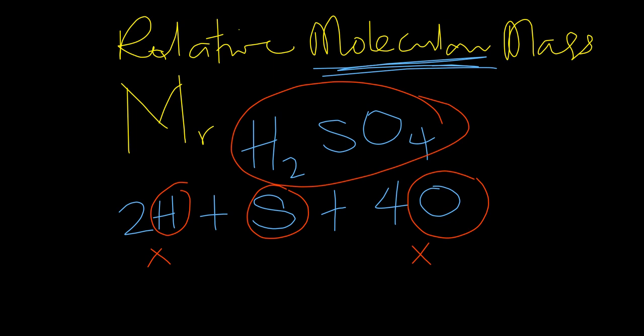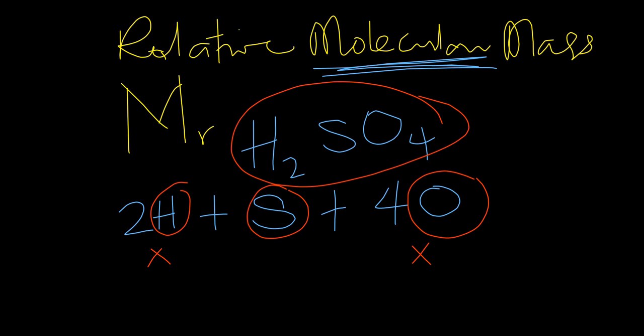And in most cases, you'll be given the relative atomic masses of the individual atoms. That's why I said earlier on. Then you'll be required to use the numbers to calculate the relative molecular mass of the molecule presented to you. We'll solve some examples, and I believe by the time we are done with those examples, you'll come to appreciate this whole thing of relative molecular mass.